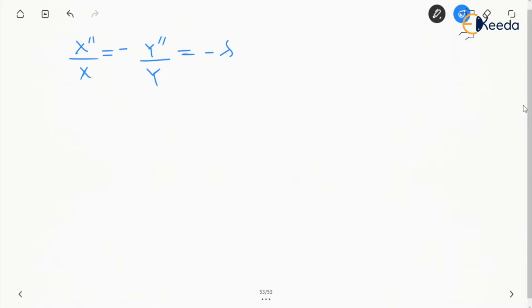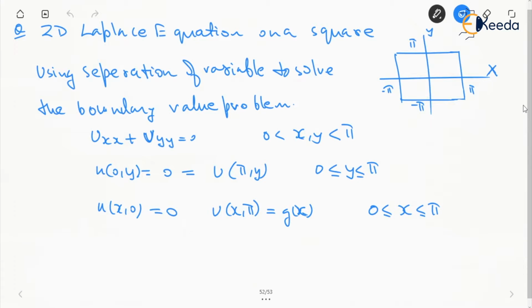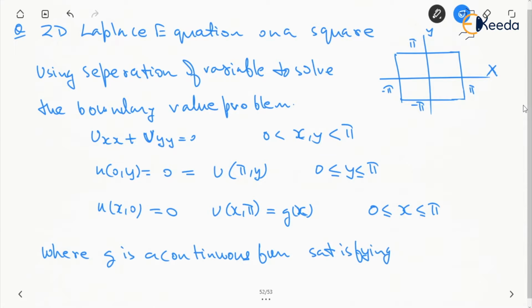And of course where g is a continuous function satisfying g(0) equal to 0, which is equal to g of pi.